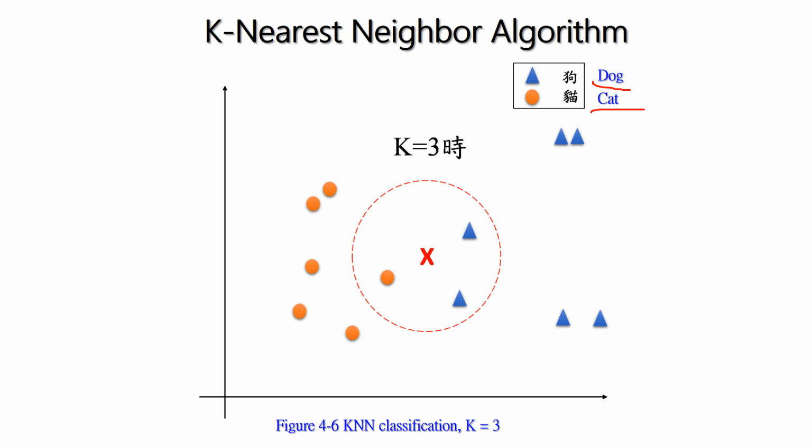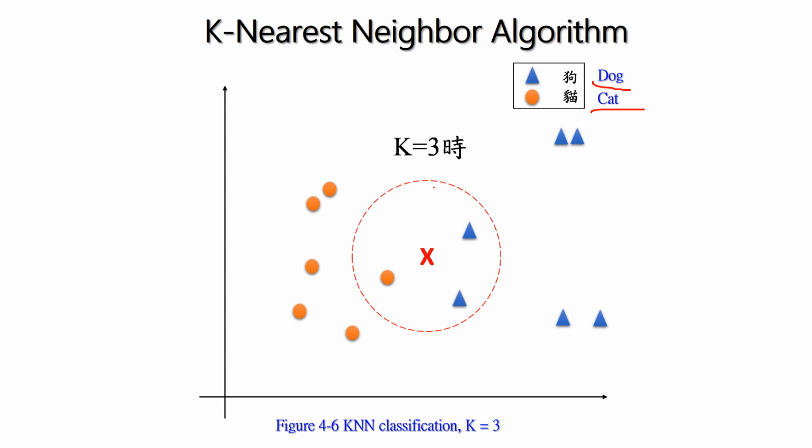So when k equals 3, this is called KNN classification with k equals 3. They will circle it and pick out the 3 samples here, or we call them labels.